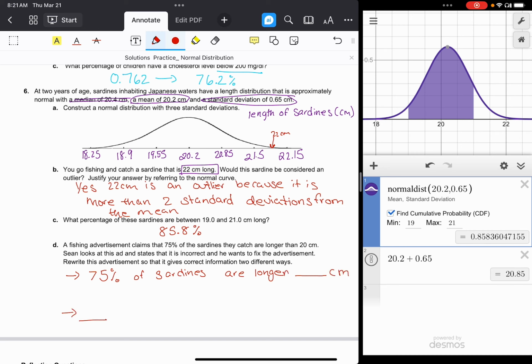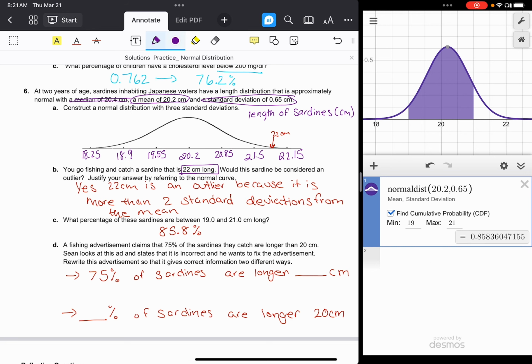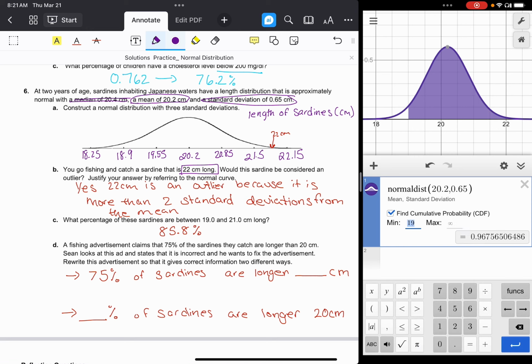And the other way is to figure out the correct percent that is longer than 20 centimeters. So there's sort of 2 different ways to approach this. So I'm going to start with the easier way. The easier way is to figure out the percent where they're longer than 20. So what I'm going to do here is I'm going to put 20 in as my min. And you'll notice it's about 62% of the sardines. So they over exaggerated.